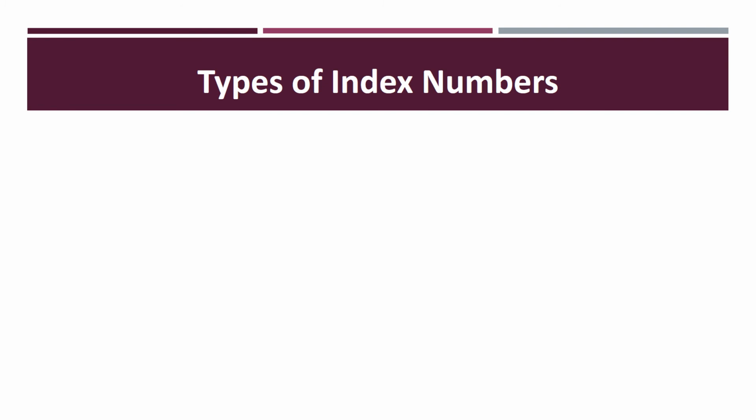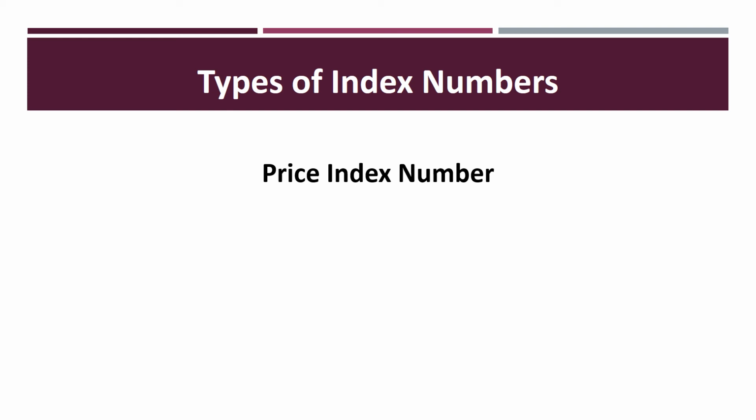Some of the popularly used index numbers, especially in the field of economics and business, are discussed here. The most important one is the price index number. It is the most popular and the commonly used index number.